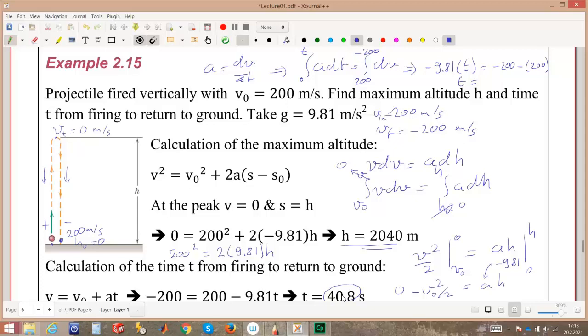Now we're going to add the fact that you actually have air drag in such cases, and as a result of the air drag, what we expect is that as this projectile is going up, there will be a resistance of the air drag. It will be in the downward direction, so let's call it a d.